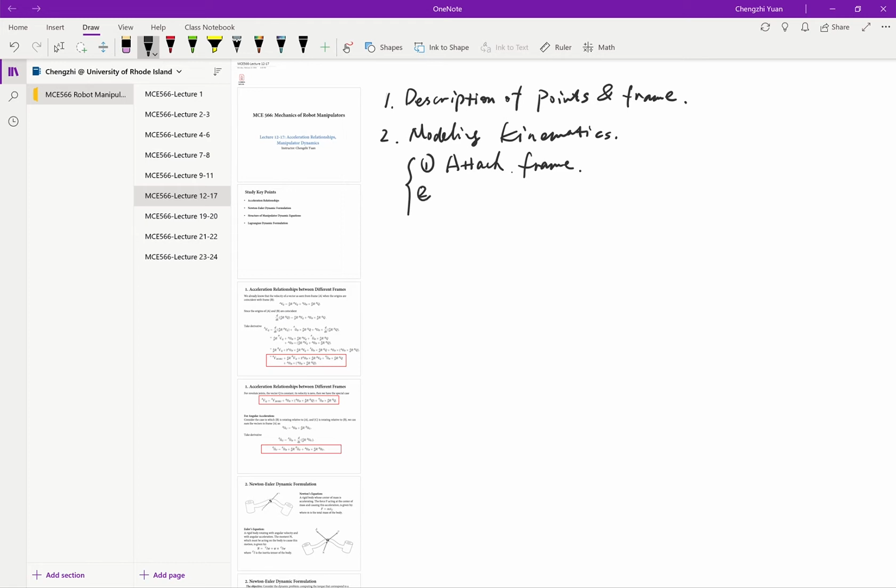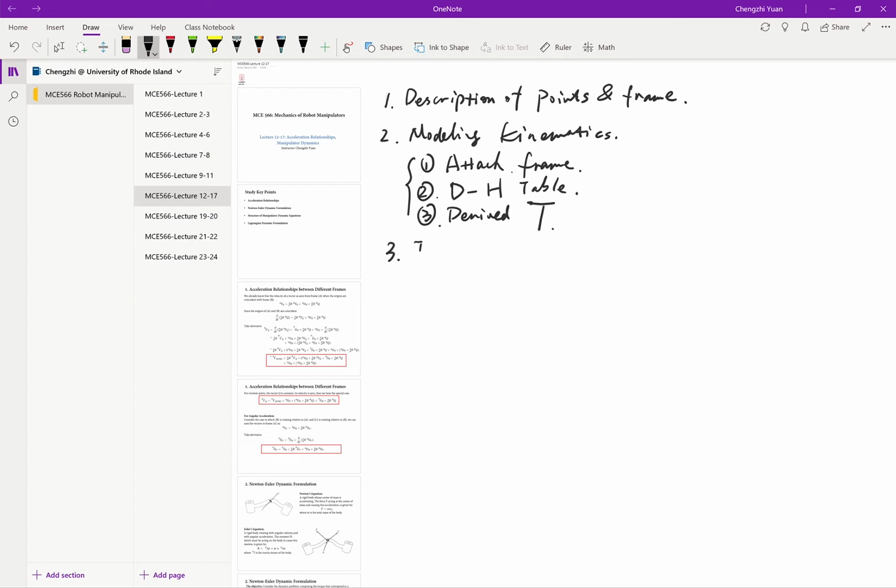And the second point you need to understand is, based on the attached reference frames, you will be able to figure out the DH table, okay, establish the DH table. And the last point is, based on the DH table, you use a formula to derive the homogeneous transformation matrix.